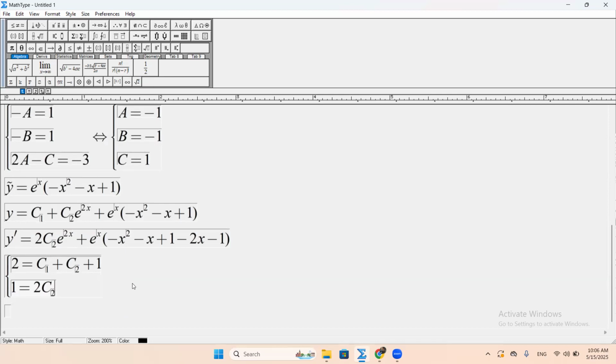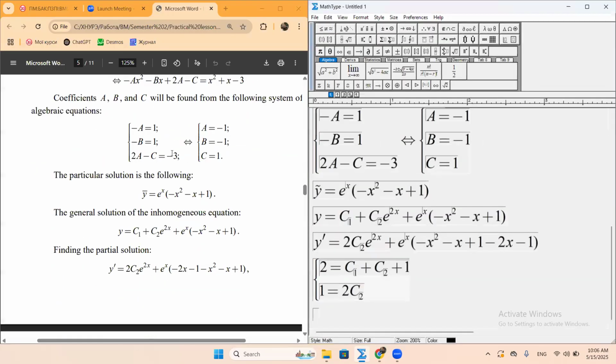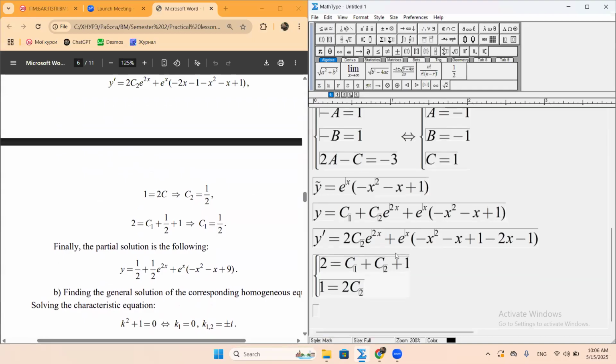Okay. Again, let's check. Actually both constants are equal to 1 over 2. C1 equals 1 over 2, and C2 equals 1 over 2 as well.